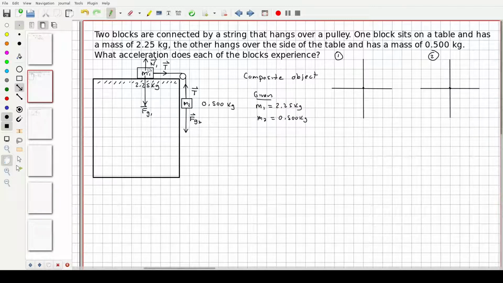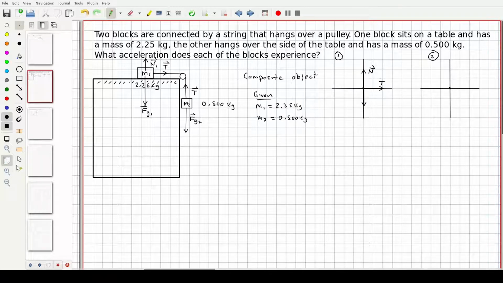For mass 1, right here, we have a tension to the right. We have a normal force that's up, and that is in response to gravity pulling down like that. Let me fix that right there. So, here's our normal force.